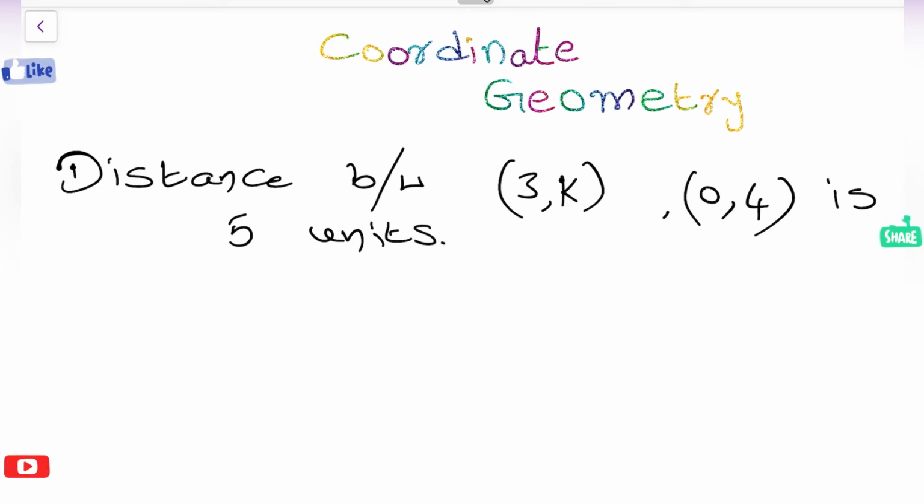Then find the k value. Same as the previous question, only I am doing it in a different way.